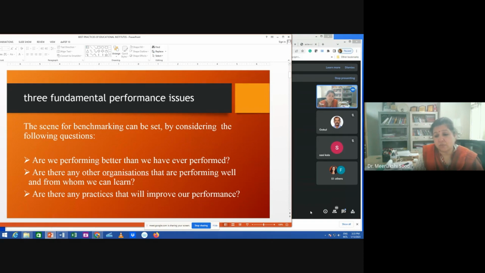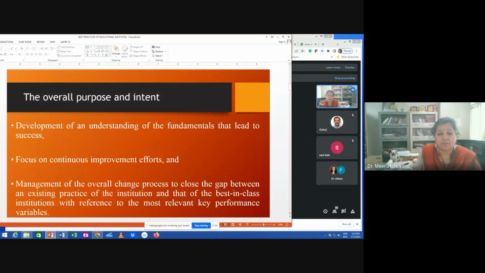I show this in almost all my presentations in some way or the other, because it contains different parameters for benchmarking an institute. We have to consider the purpose and intent of our institute, that is, the vision and mission, whether it is a technical institute, a management institute or a humanities institute.